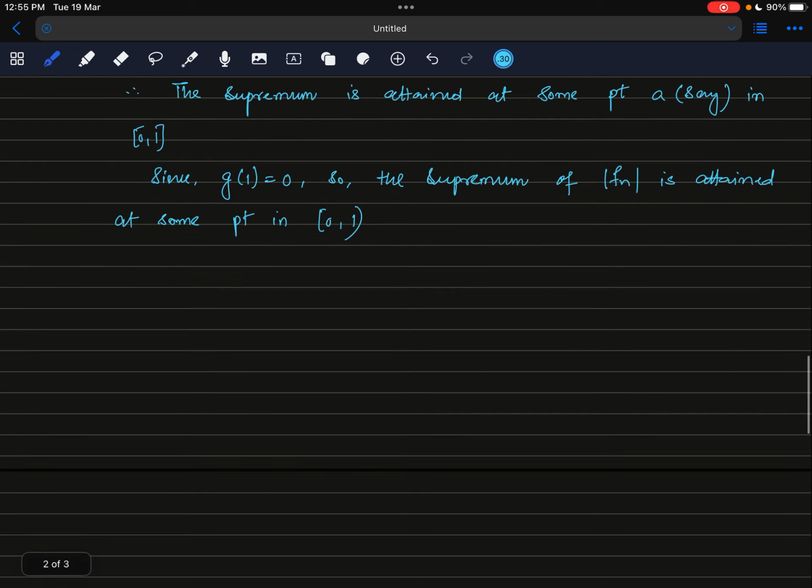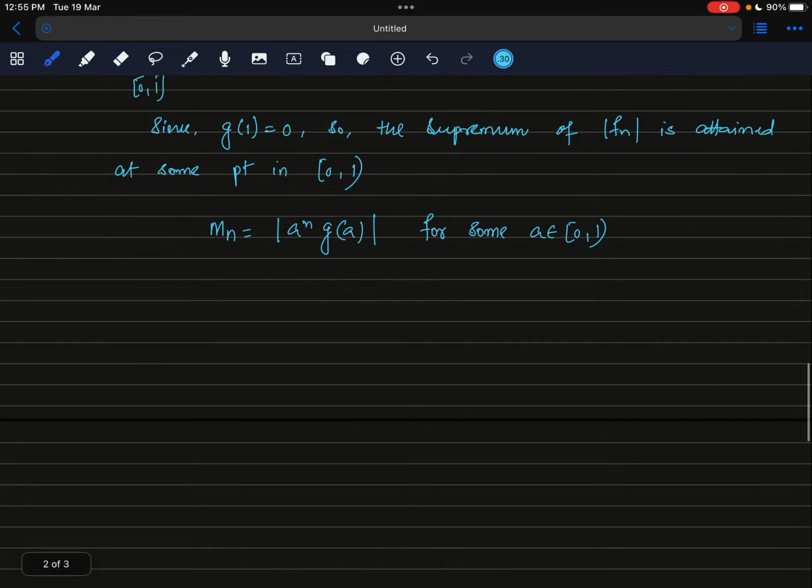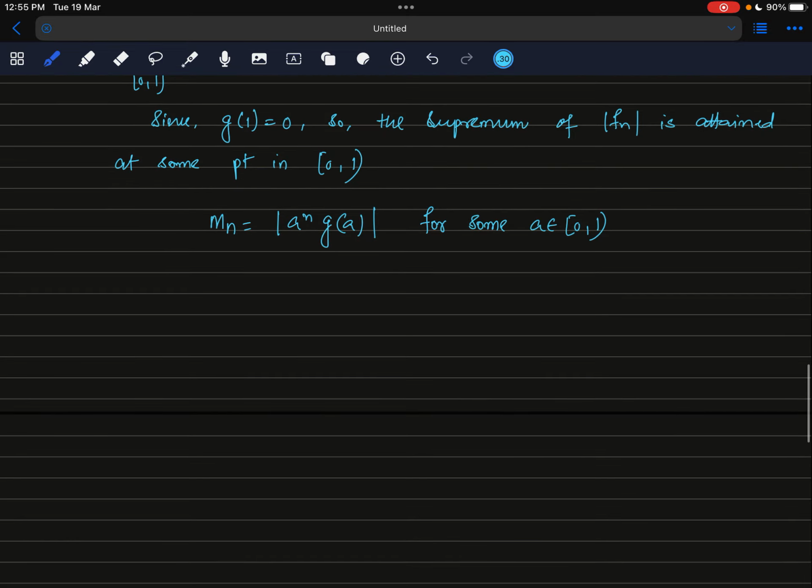So now M_n, that is a^n and g(a) for some a which belongs to this interval, and if we take n tends to infinity, we can write the limit as n tends to infinity of M_n as 0.